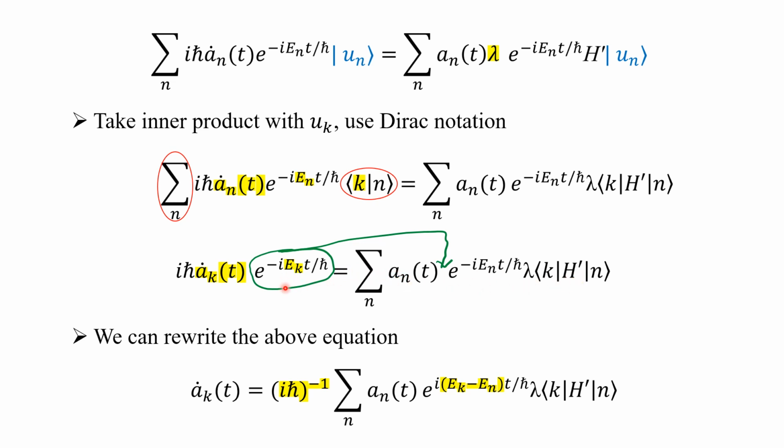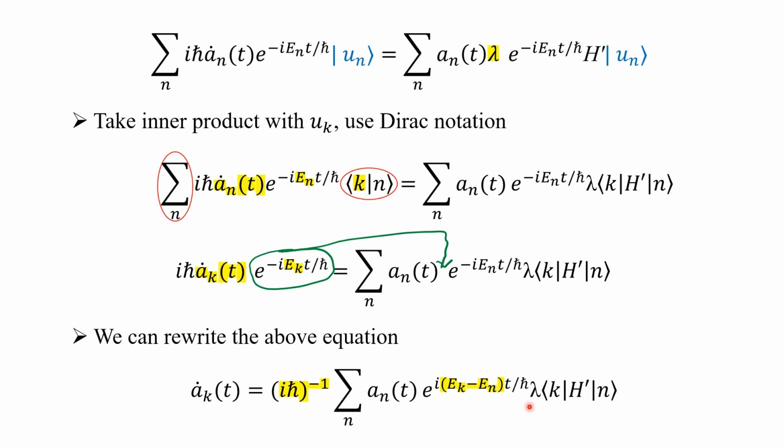Now you can see this exponential term. You bring this to the right hand side. This minus will become plus. Here you remember that this is E_k, this is E_n. So this will become E_k minus E_n, times t over h cross. Of course, there is lambda.